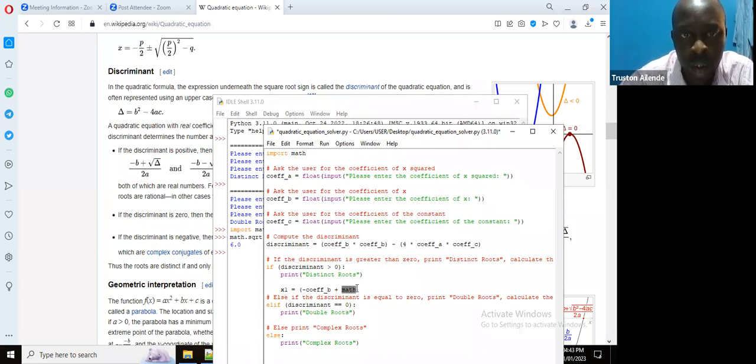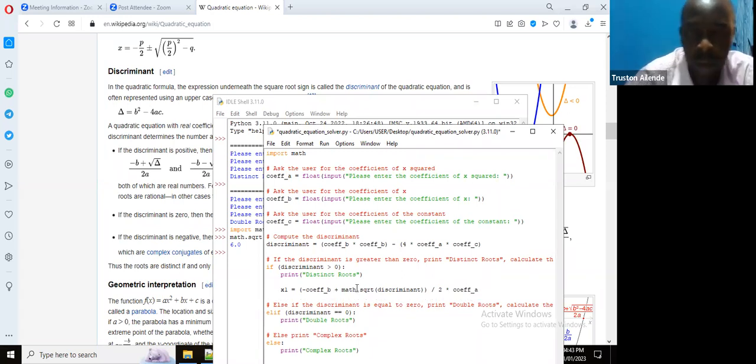This is math dot sqrt of the discriminant, over 2 times a.